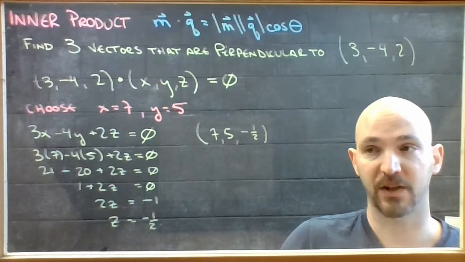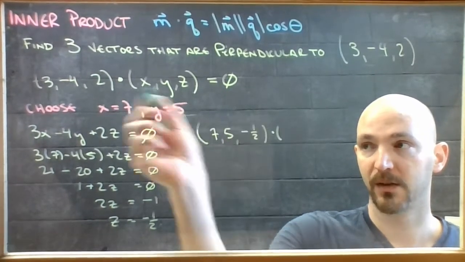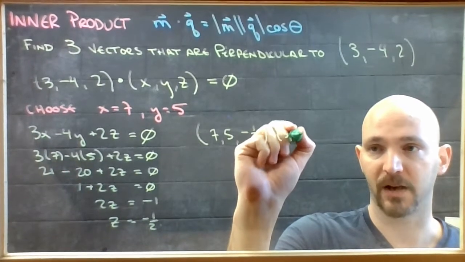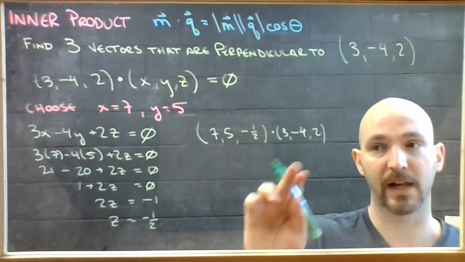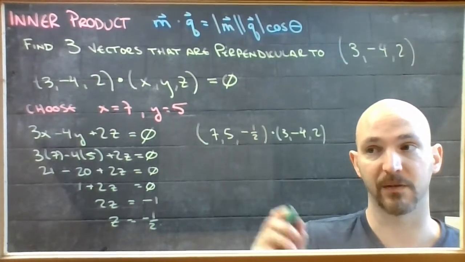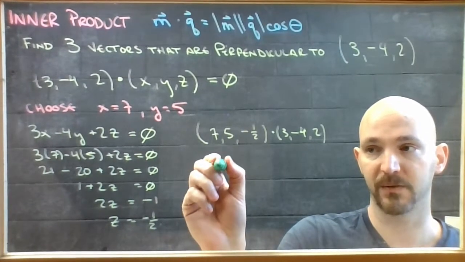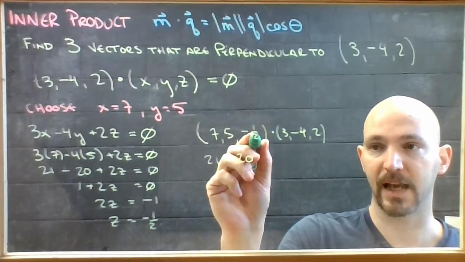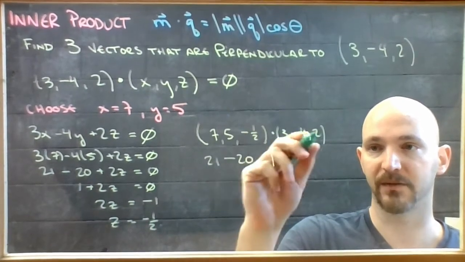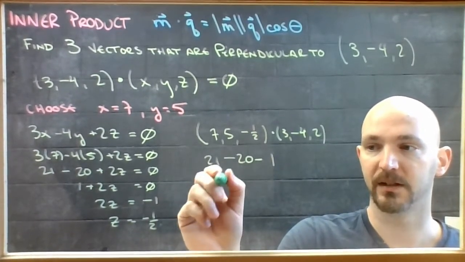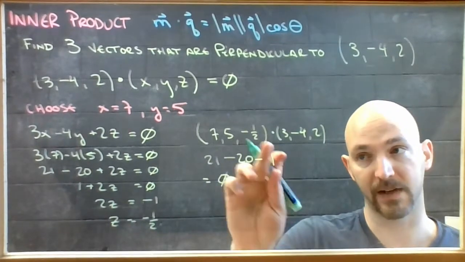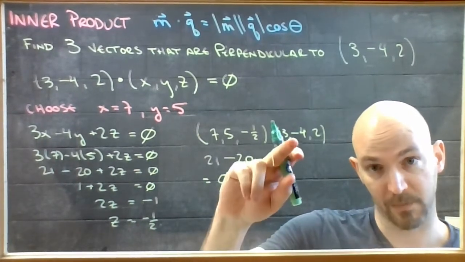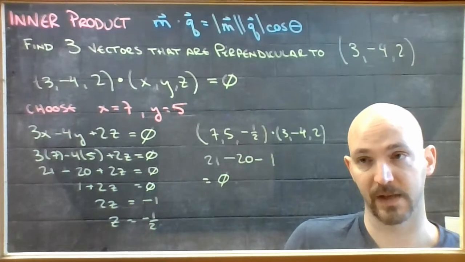I will have constructed a vector that is perpendicular to this. And just to check your work, throw that thing in there, dot product it, and if you've done your work correctly, this should end up giving you 0. So 7 times 3 would be 21. 5 times negative 4 would be negative 20, and half of 2 is 1. Negative times positive is negative. Gives me 0. So indeed, I have come up with a vector that is perpendicular to 3, negative 4, 2.